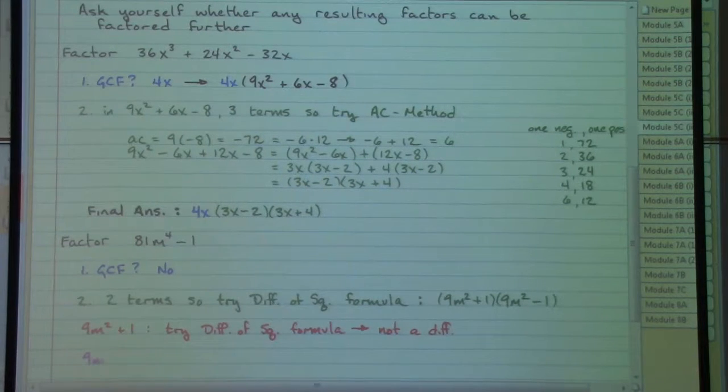What about the other factor that we've come up with, 9m squared minus 1? Well, we're also going to be looking at two terms, so we would be trying the difference of squares formula. Do we have a difference? Yes. What about the squares? Let's check it out.